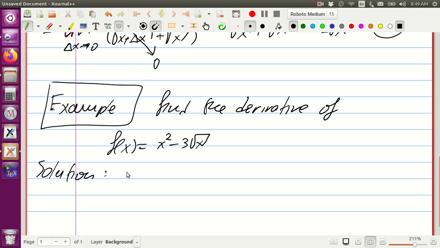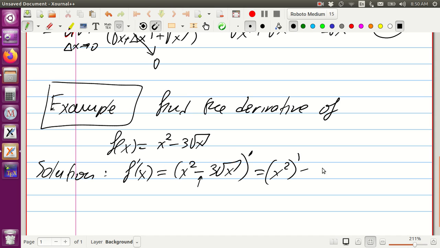The solution would be, we want to find the derivative, so we write it as derivative of x squared minus 3 times derivative of square root of x. We split it up because of the minus, and we have a constant up front, so it's going to go out, and we have square root of x with a derivative sign. So I use two rules at the same time, the plus minus rule and the constant multiple rule.